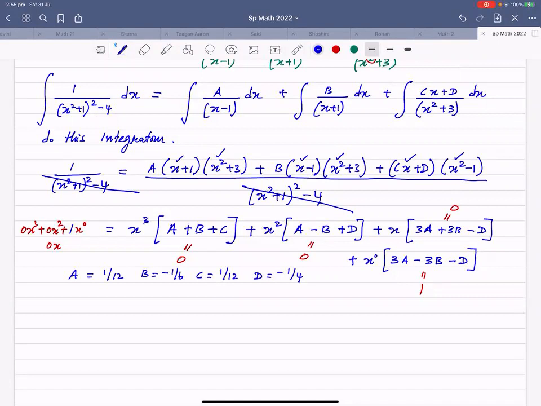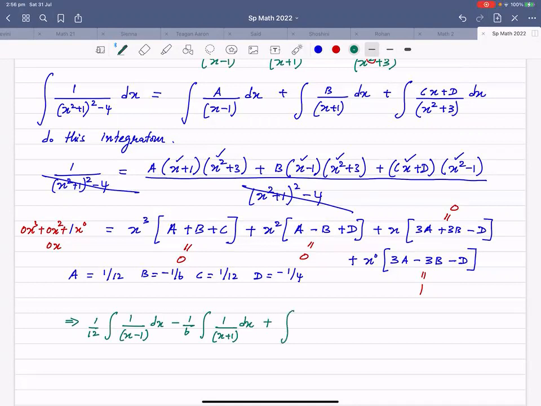Okay. So now the game is over, right? So you can write this integration. A is 1 divided by 12. So I'm going to take 1 divided by 12 out. So 1 divided by x minus 1, then plus b is minus, right? So it's going to be 1 divided by 6 integration 1 divided by x plus 1 dx, then plus c is what?